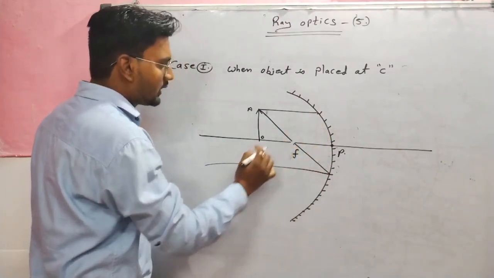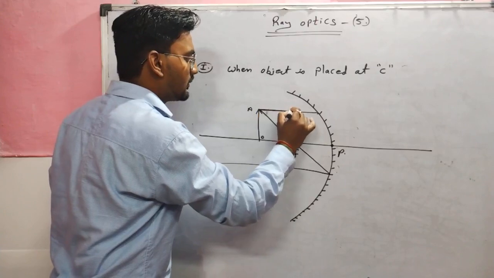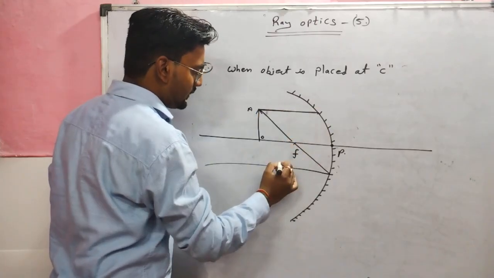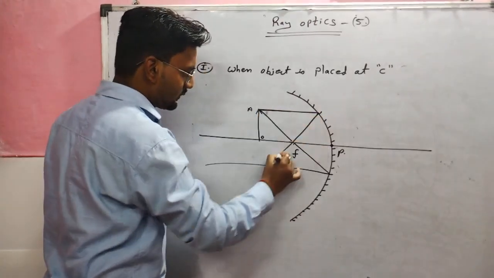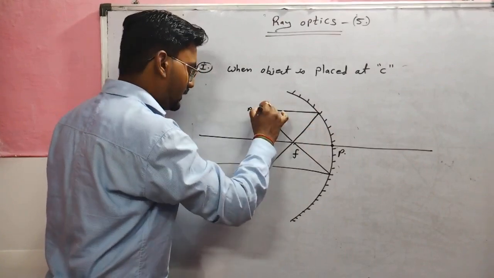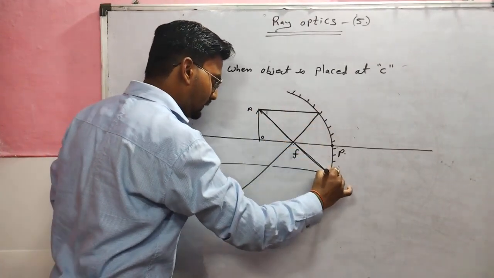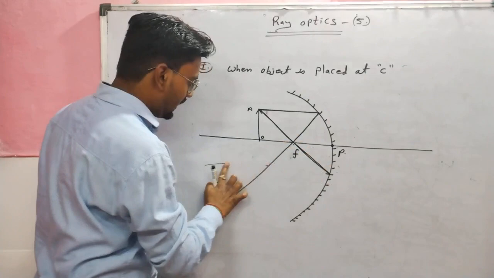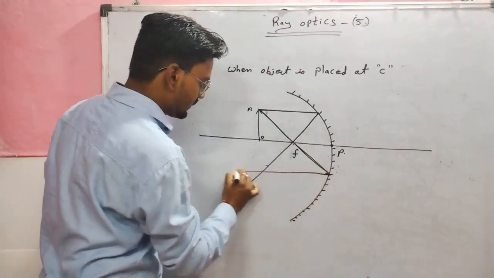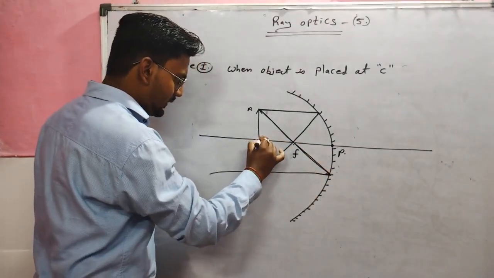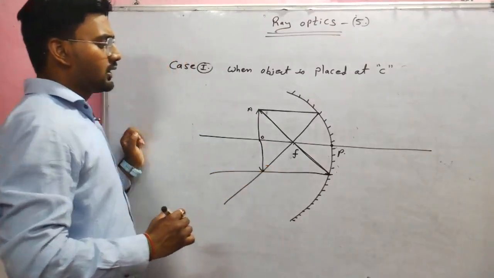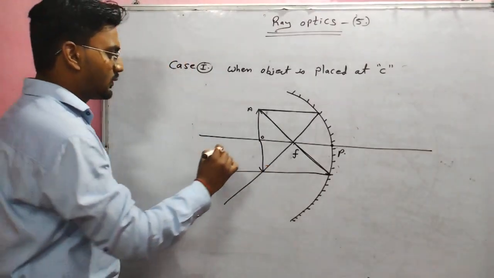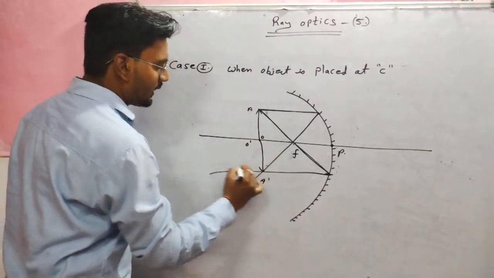And when these reflected rays meet at a point, this point is called O dash A dash.